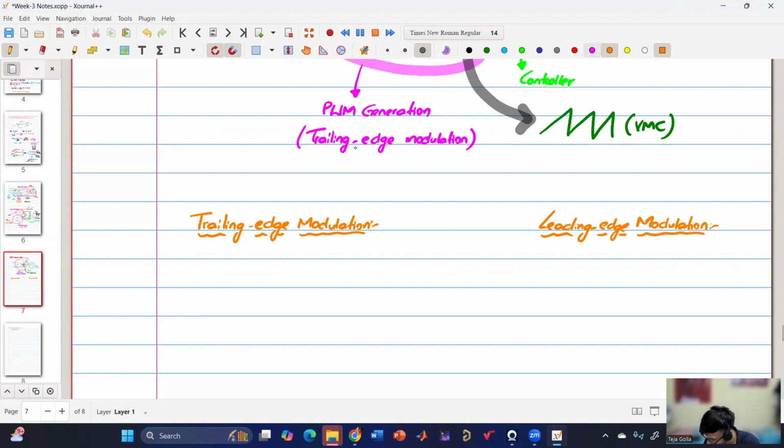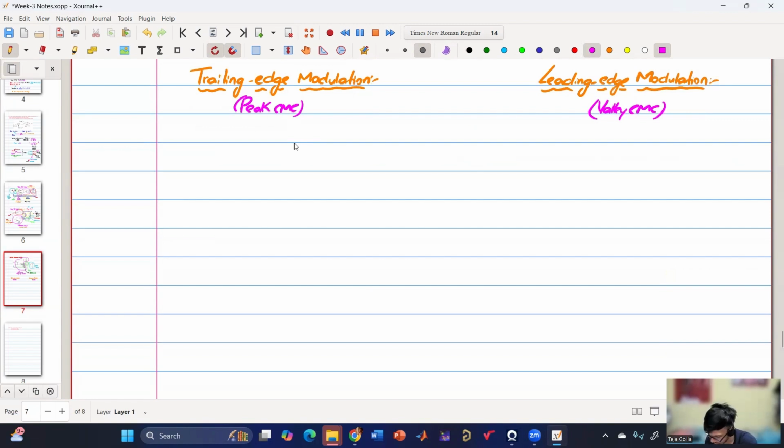So trailing edge modulation is also called peak current mode control, and this is known as valley current mode control. Okay. So let us quickly draw the diagram.